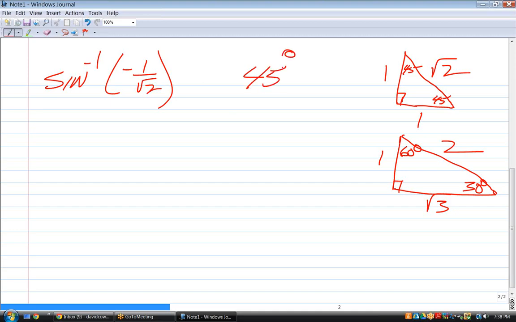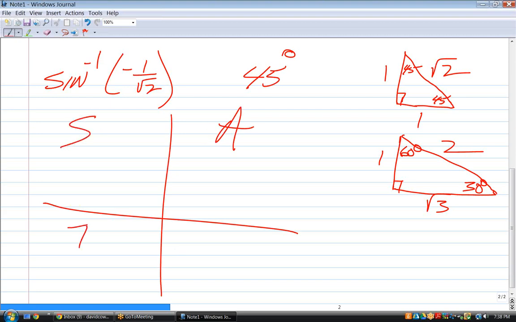But clearly, the sine of 45 degrees is not -1 over root 2. Which quadrant do they want? Because notice that in your unit circle, all students take calculus. Sine is positive there, it's positive there, it's negative there, it's negative there. So which quadrant do they want?